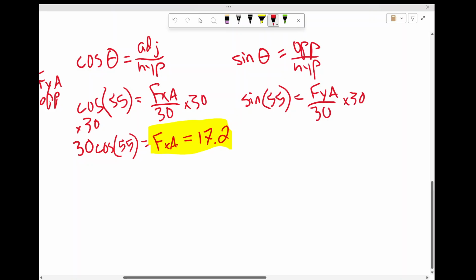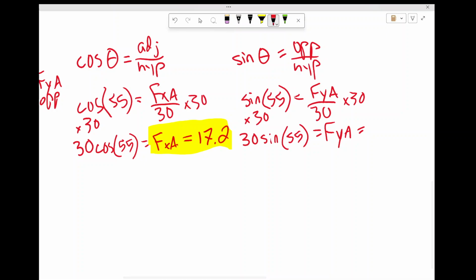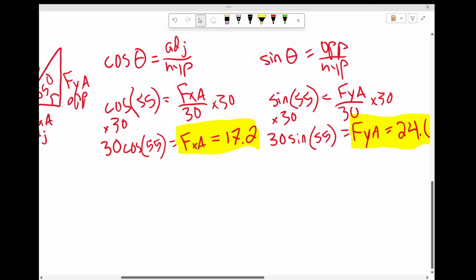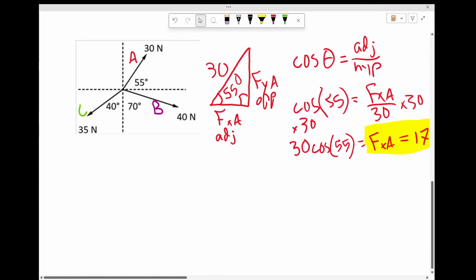So multiplying by 30, we get 30 sine 55 equals FyA, and that is 24.6. And that's going to be another number that we need, so let's highlight that, and we'll come back to that in a second. Let's do B.